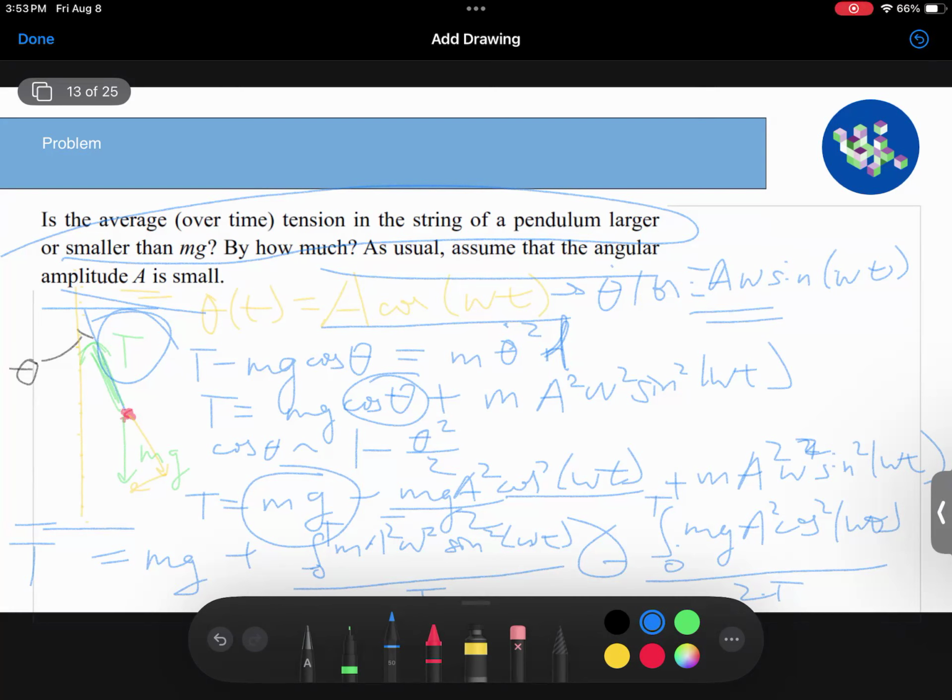Also, I see what you're trying to think of. We're trying to relate tension to energy, but if we want to look at, for example, work done by tension, notice that the tension is always pointing radially, right? But your mass is traveling in the tangential direction, so the tension force doesn't do any work on the traveling mass.